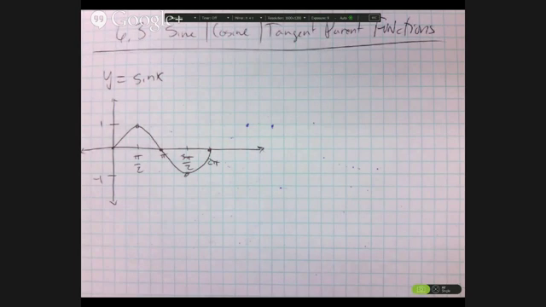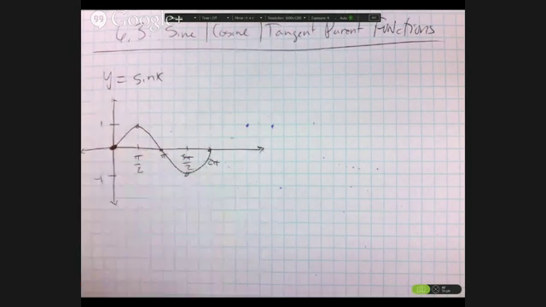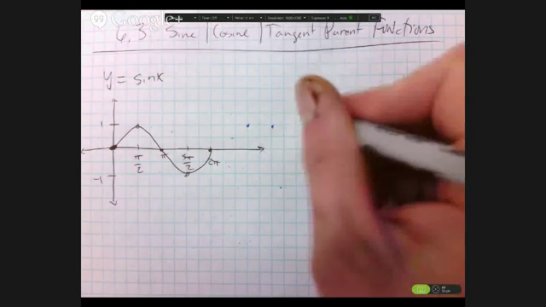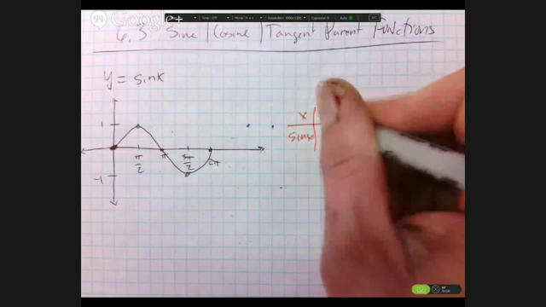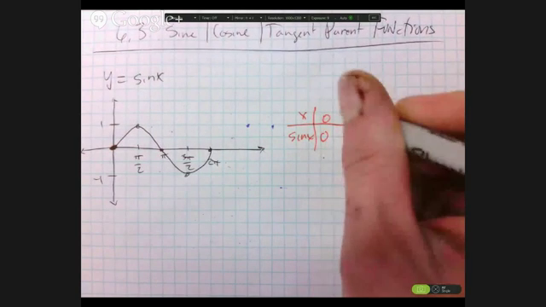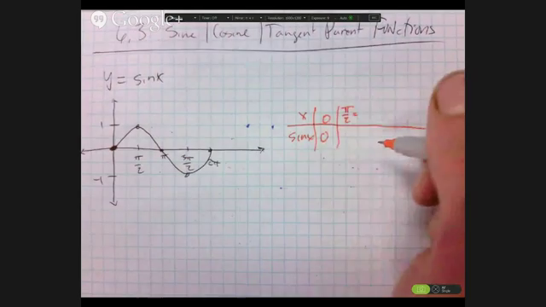This is sine. So look at your table. If I want to know the value at 0, what's the sine of 0? 0. Right, it's 0. So my point is 0, 0, right? So if I have an x, sine x table, what's the degree measure for pi over 2?